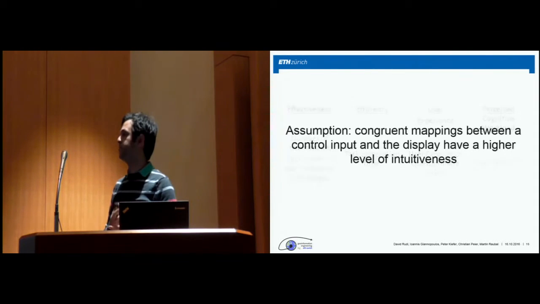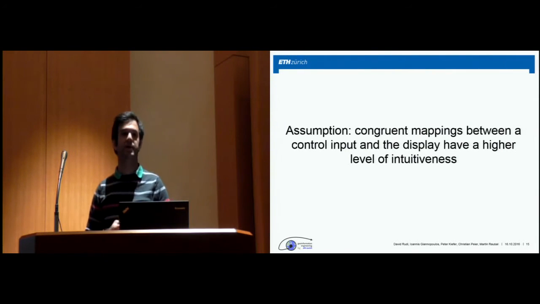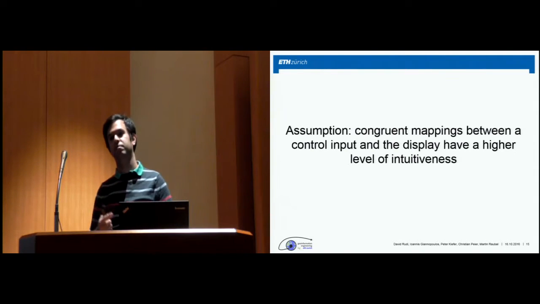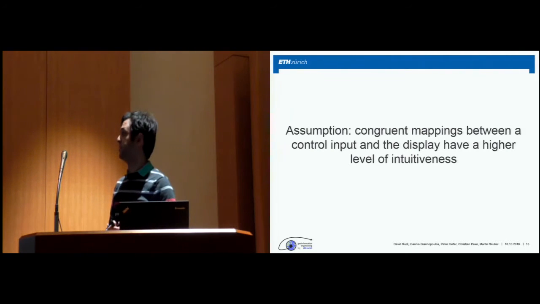So with our assumption that congruent mappings between a control input and a display have a higher level of intuitiveness, or should perform better with all the factors which we presented earlier, we set up the following hypotheses.